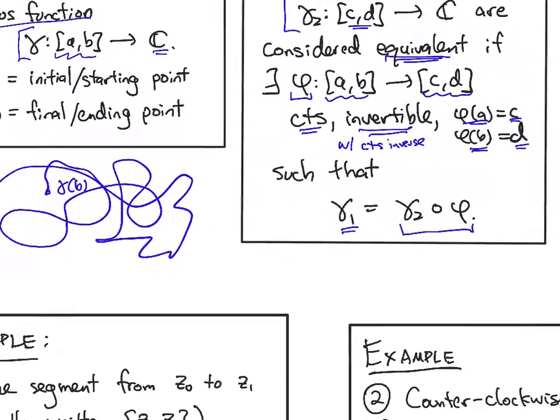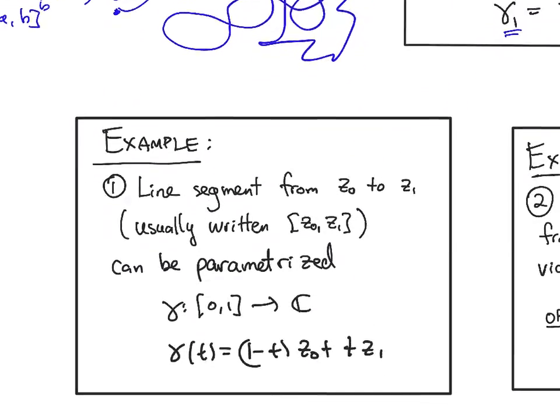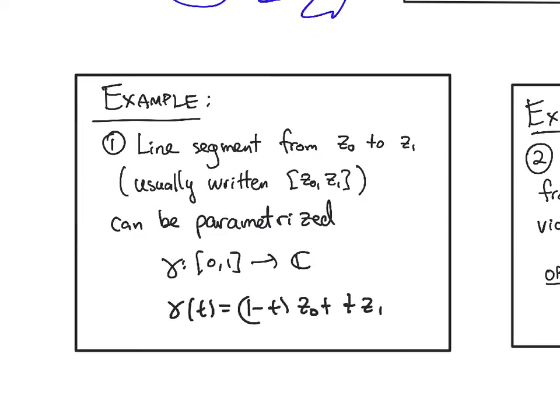Here are a couple quick, very basic examples. So we can take the line segment from a point z0 to z1, just the straight line segment between them. And we'll write it with this interval notation, and that's usually pretty convenient.